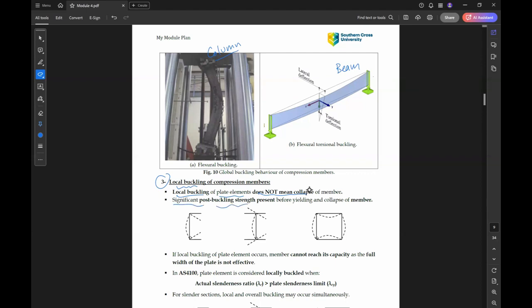Significant post-buckling strength is present before yielding and collapse of the member. For example, here we have buckling in the web of this C-section at some location. Here also we have buckling in the web of the I-section. Here we have buckling in the webs and buckling in the flange.